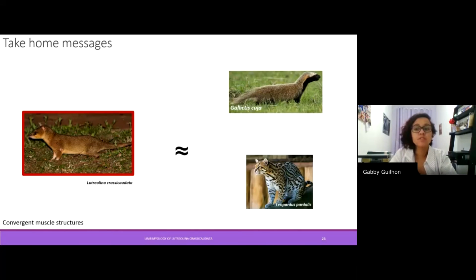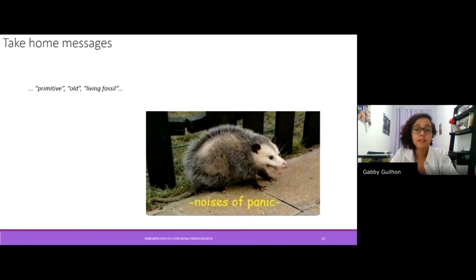And also we observed a few convergent features with placental carnivores such as the ocelot and the grison. And besides, Didelphis is frequently considered the most generalist and primitive species in the order Didelphimorphia. However, this could be due to the major focus of studies on this genus, or actually, as we saw, the same species as the Virginia opossum, and the lack of information on the other genera that might be hampering interesting information on muscle evolution in neotropical marsupials.